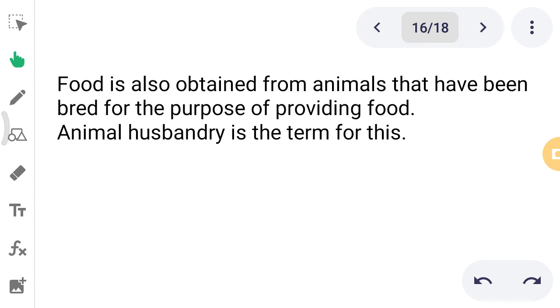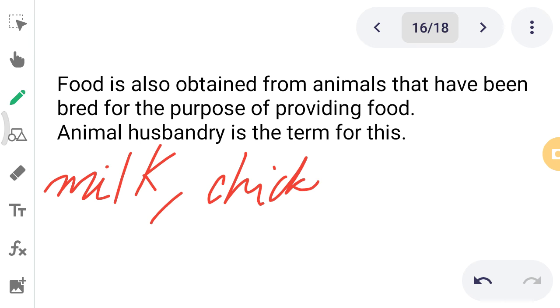Now, coming to animal husbandry, food is also obtained from animals that have been bred for the purpose of providing food. We get milk, chicken, I mean to say meat.